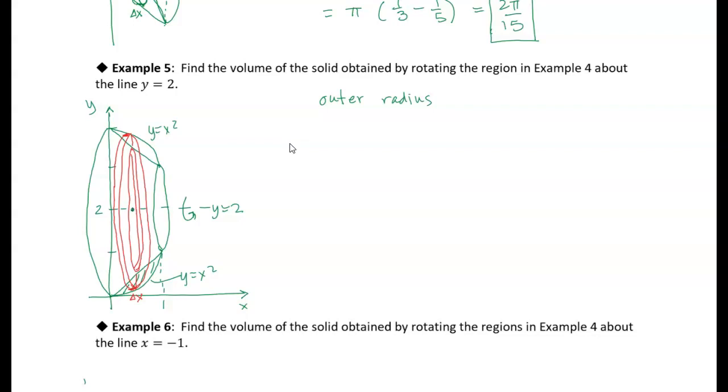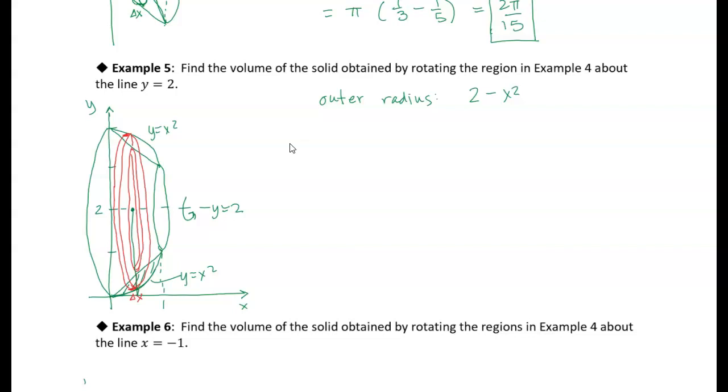So we can come down by 2, but then we have to subtract the value of the outer curve to get back up to where the outer curve is. So we're going to take 2 minus x squared to get the outer radius, because we come down 2 and then go back up by the amount of the curve.